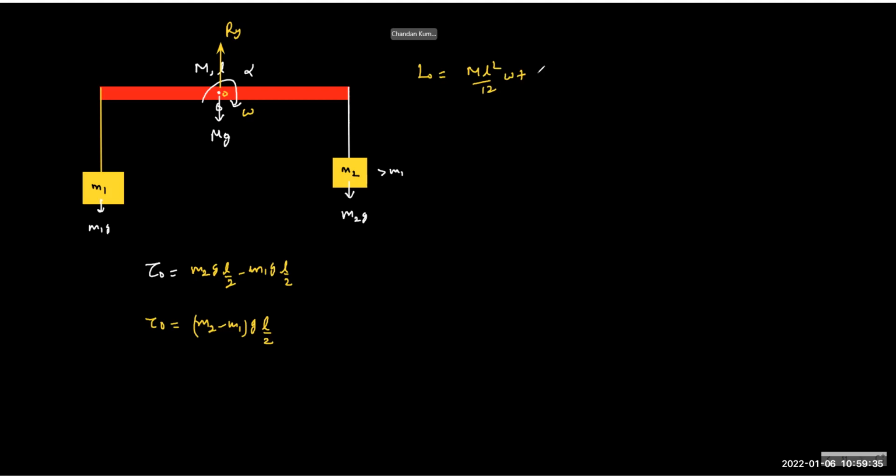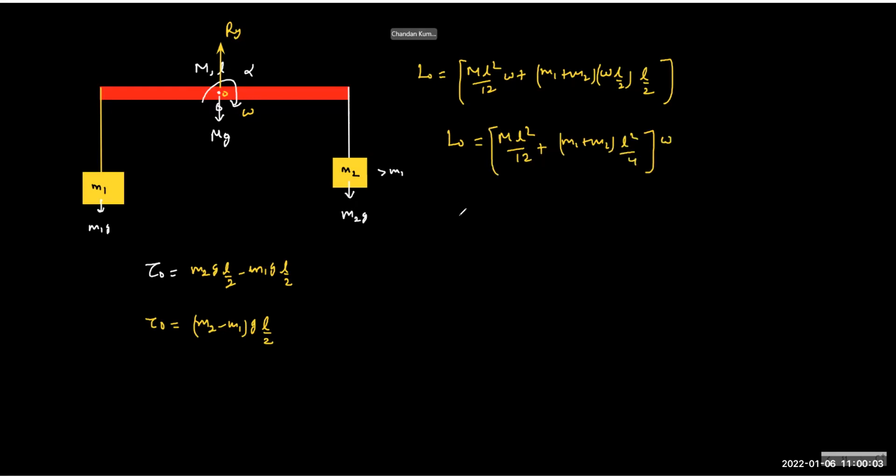For M1 and M2, their velocity will be omega L by 2, so it will be M1 plus M2 into omega times mvr. So L_O becomes ML square upon 12 plus M1 plus M2 into L square by 4, whole into omega.